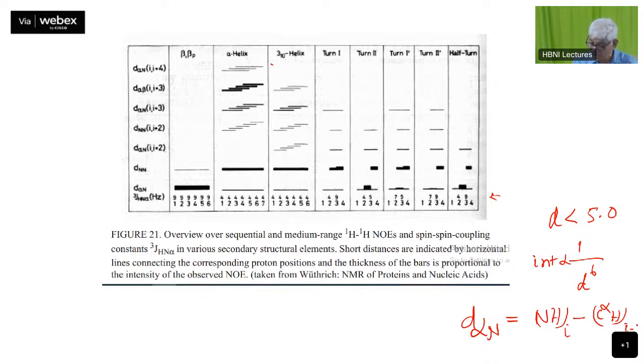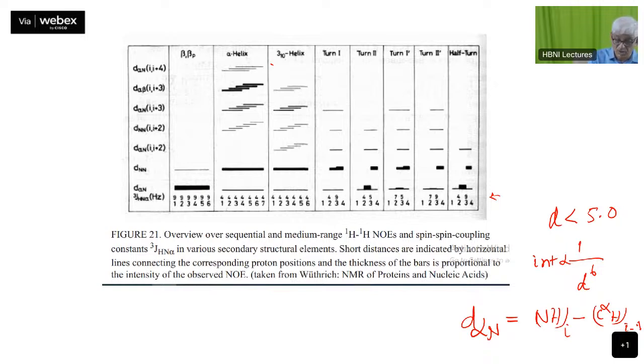So this you will see it to the I and also to the I minus 1. Okay, so that is the alpha n indicates that. And then you see this peak is very strong, and this indicates a very thick bar. Thick bar indicates that these peaks are very strong.